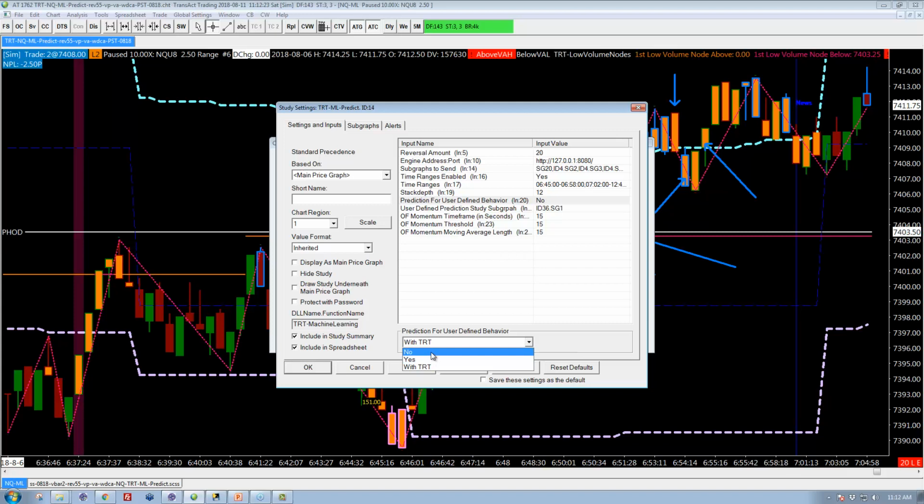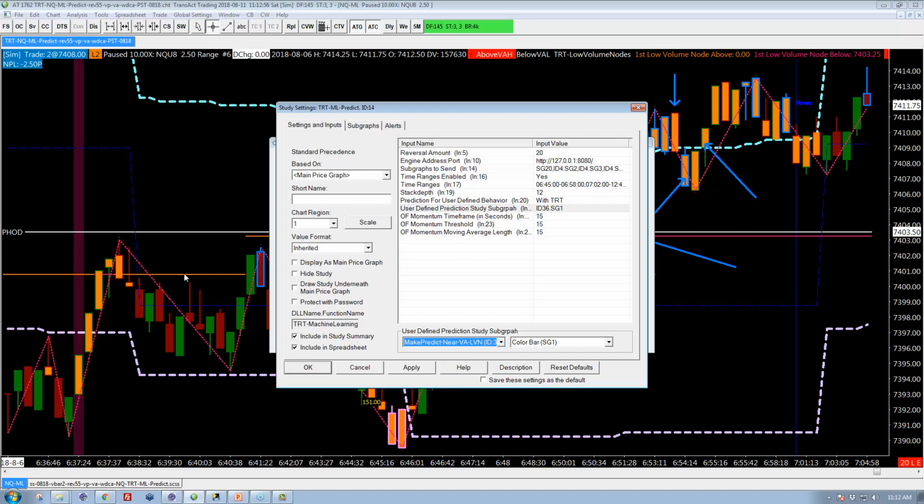No means just running like you normally do now, with all the rational trader behaviors regardless of location. Yes means it's going to use your user-defined behavior. With TRT means it's going to use the user-defined behavior that I've specified here, but it's only going to make predictions based on the rational trader price action behaviors that we've defined.